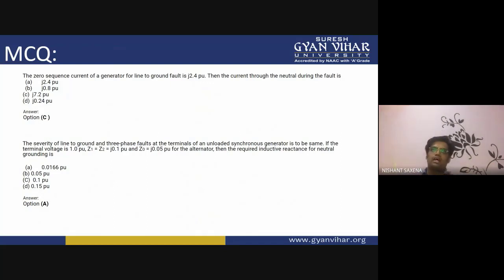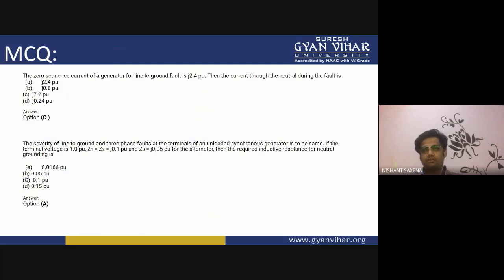Now consider the line to ground fault and the three-phase fault at the terminals of an unloaded synchronous generator. The terminal voltage is 1 per unit, Z1 and Z2 are 0.1 per unit, and Z0 is 0.05 per unit for the alternator. The required inductive reactance for neutral grounding is to be calculated.